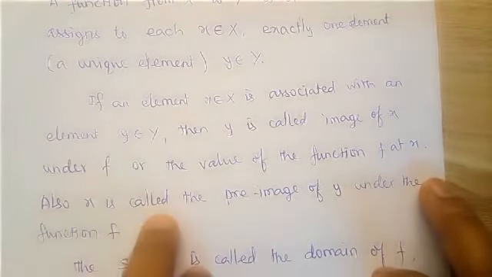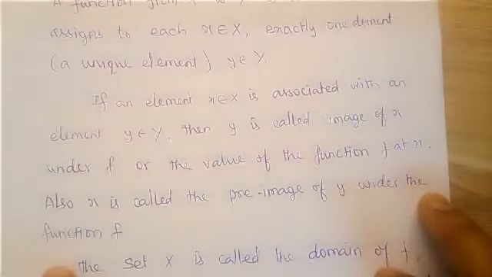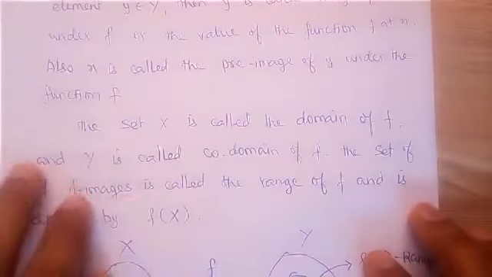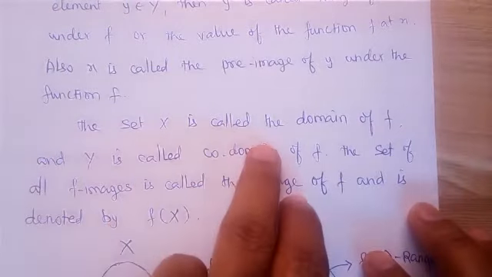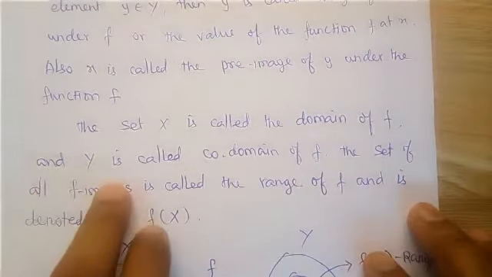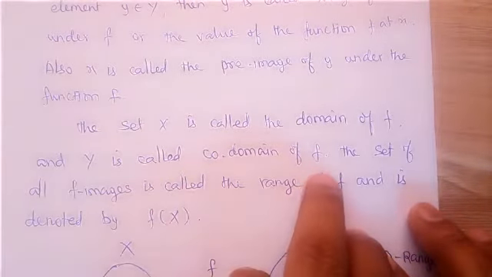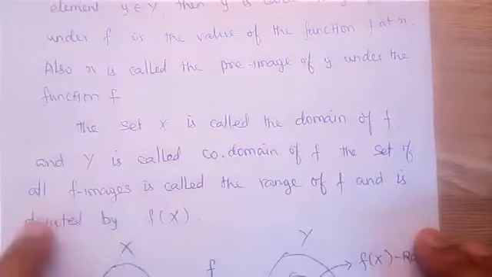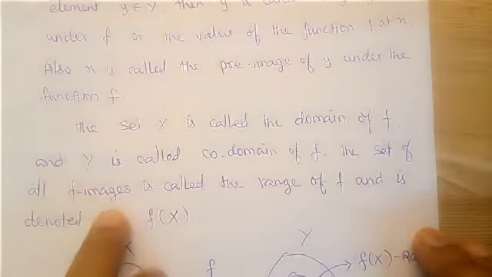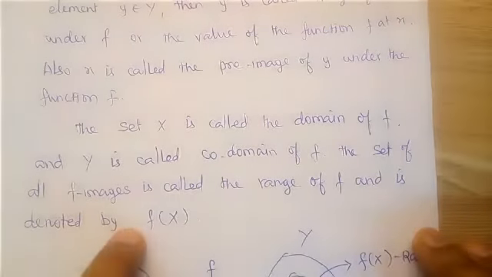Also, x is called the pre-image of y under the function. The set capital X is called the domain of the function f, and capital Y is called the codomain of the function f.